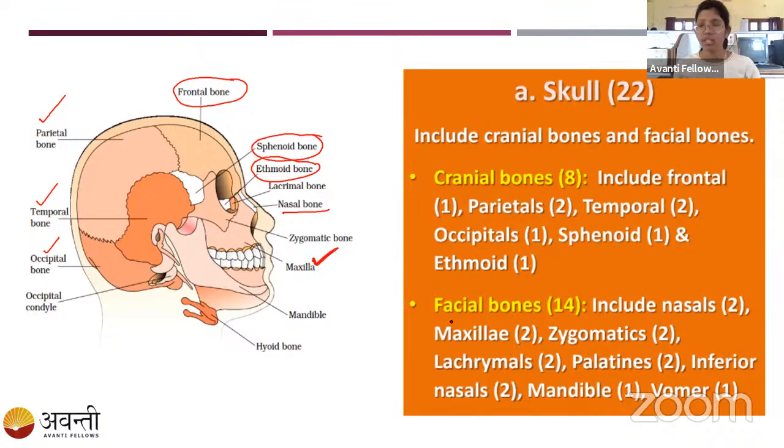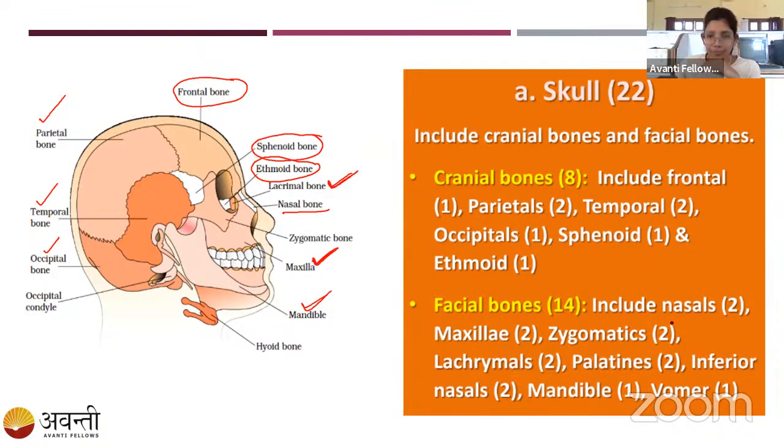And zygomatics, lacrimals, palatines, inferior nasal, along with the mandible, see, the mandible is here, and the vomer bone. Can you identify all these bones in the slide? Yes, lacrimal bone. I'll give you short hints for all these things. Don't worry about the many names, no need to worry. I'll be giving you the hints for all this.